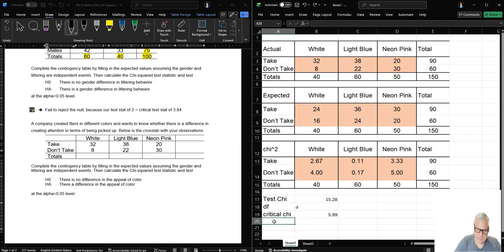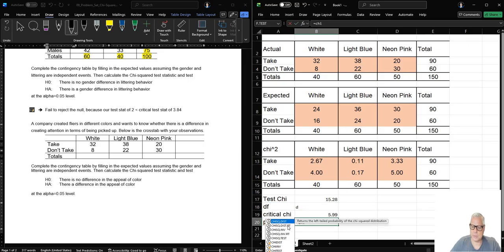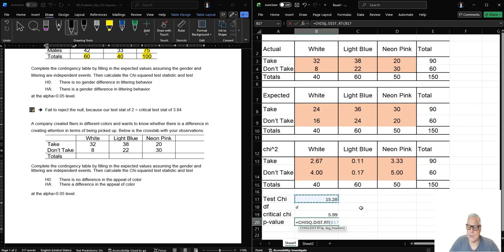So now we can say the p-value is equal to, and the formula that you want to use now is again chi-squared distribution right tail. And then you click onto the 15.28. And how many degrees of freedom do you have? 2.